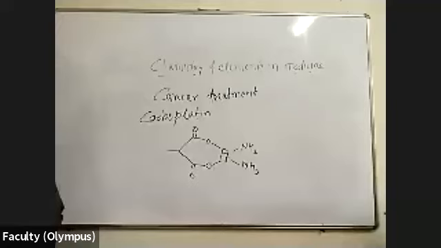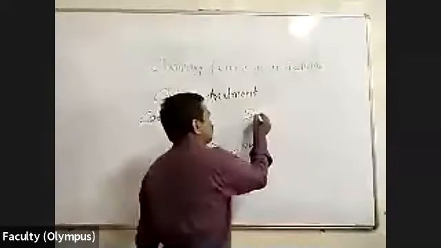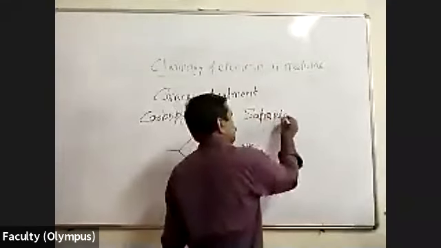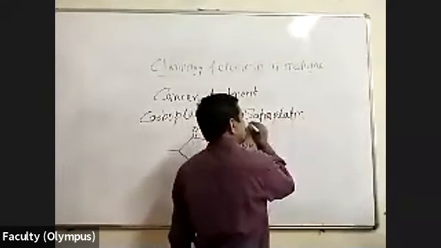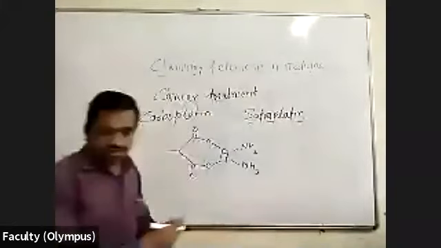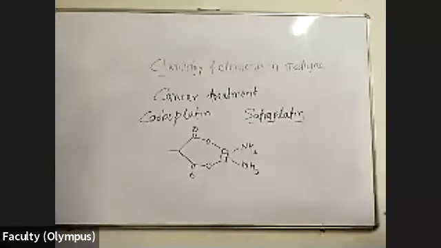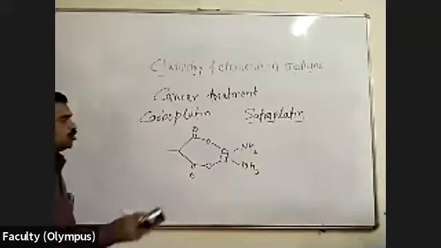Then trinuclear platinum, that is called satraplatin. Another one is satraplatin. This is a trinuclear complex. There are 3 platinum atoms per molecule.